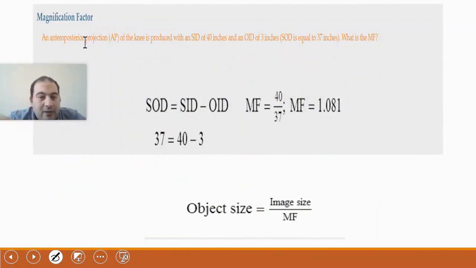That is 40 over 37, which gives 1.08, the magnification factor.